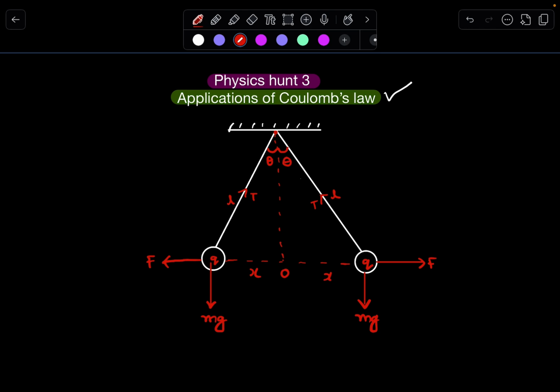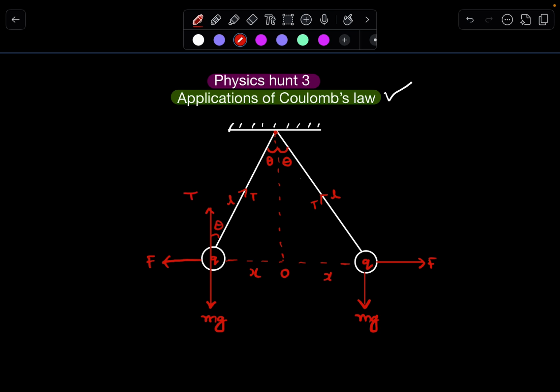Now I'm going to resolve this into two components, one is the cos component and the other one is the sine component. I'm just extending the opposite side. It makes an angle theta.